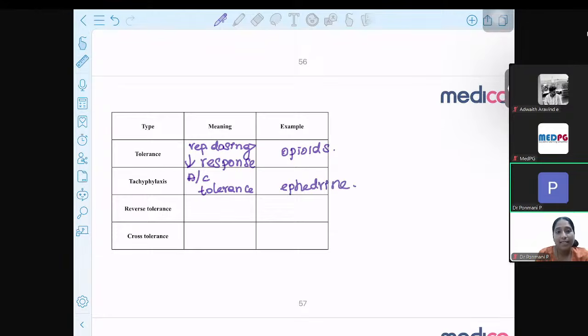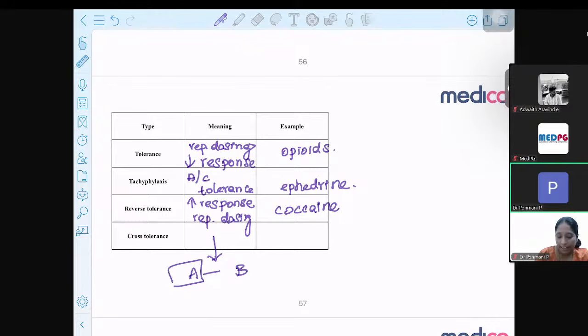And what is reverse tolerance? Reverse tolerance means there will be an increase in response on repeated dosing, and this is seen with cocaine. Cross tolerance means that if there is tolerance to drug A, drug B will also show tolerance even without your giving it. That means these drugs belong to the same class, or they may act by the same mechanism of action.